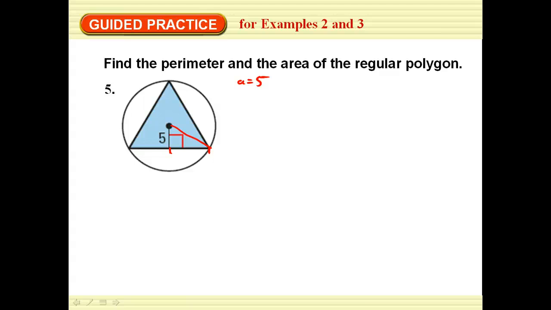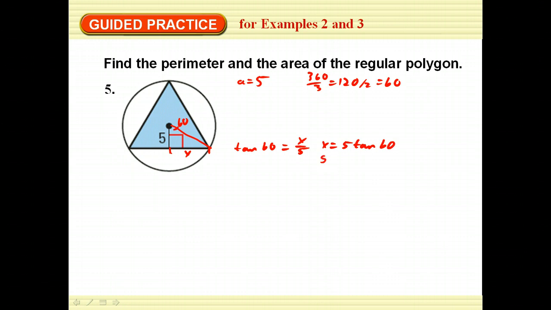So 3 sides, so 360 divided by 3 is 120, and half of that is equal to 60, so this is a 60-degree angle here. I'm looking for this. So the tangent of 60 is equal to x over 5. So x is 5 times the tangent of 60 degrees.